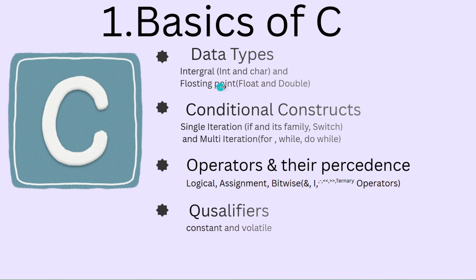Basics of C are data types, int, floating point, conditional constructs, single iteration, if and its family, switch, and multi-iteration: for, while, do while. Operators and precedence: logical, relational, assignment, bitwise operators. Qualifiers are const and volatile.